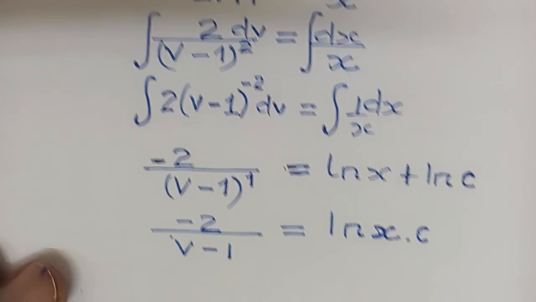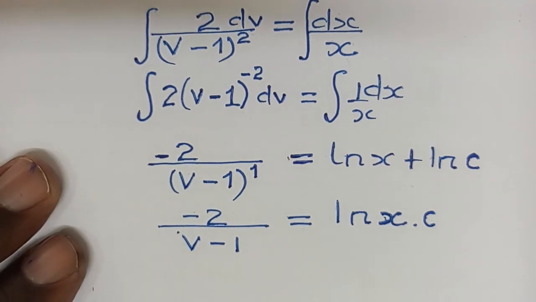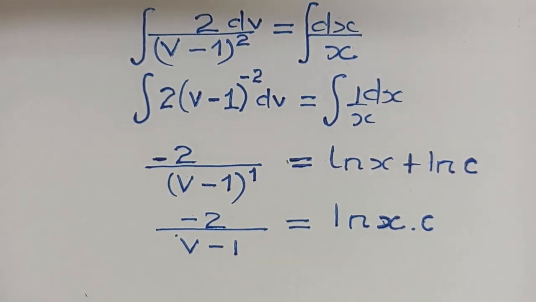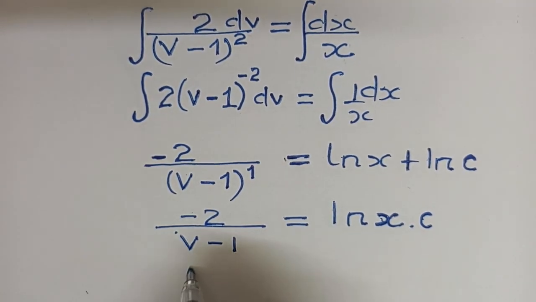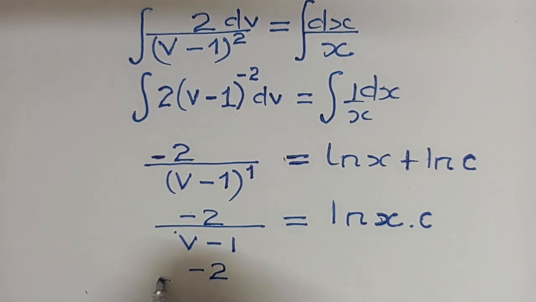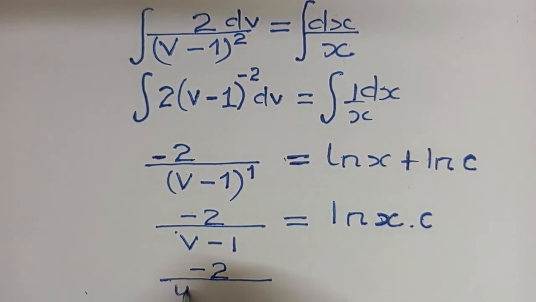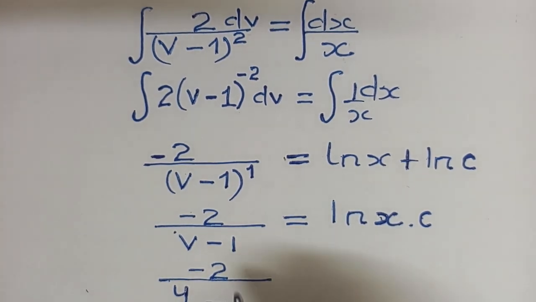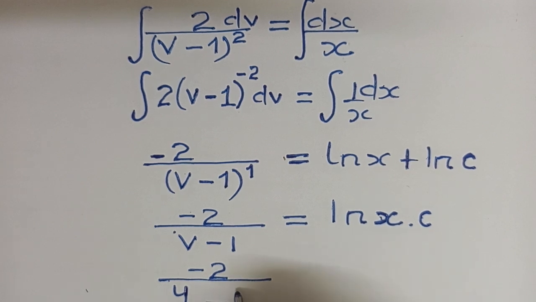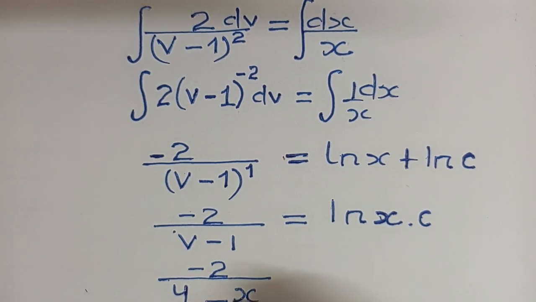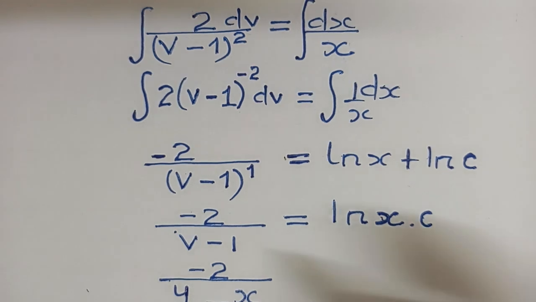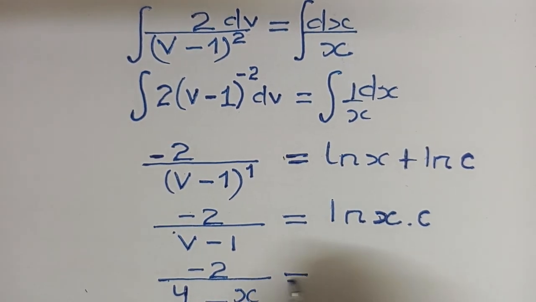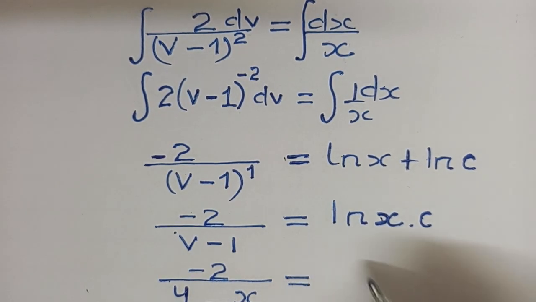Guys, now we can replace v with y over x. Replacing, we are going to have negative 2 over y over x minus 1, because we know v equals y over x, and the 1 can be expressed as x over x to make them the same denominator. This is still correct because this is 1.